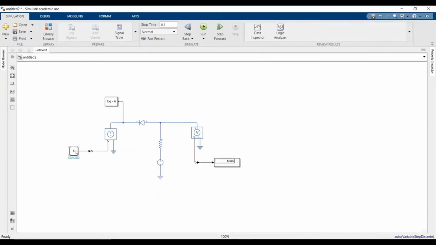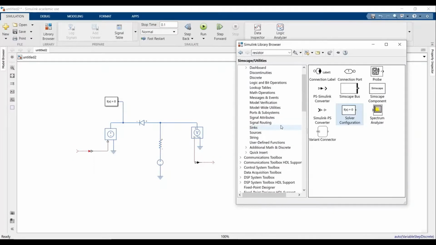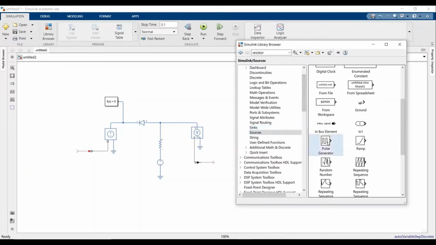You could also use the pulse generator and the scope here to do the same thing, like what we do in the digital circuit or the digital gate. So if I go back to my source, I can put the pulse generator here.